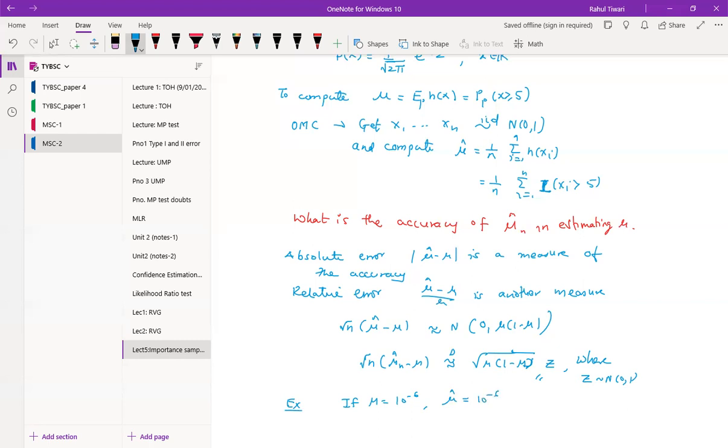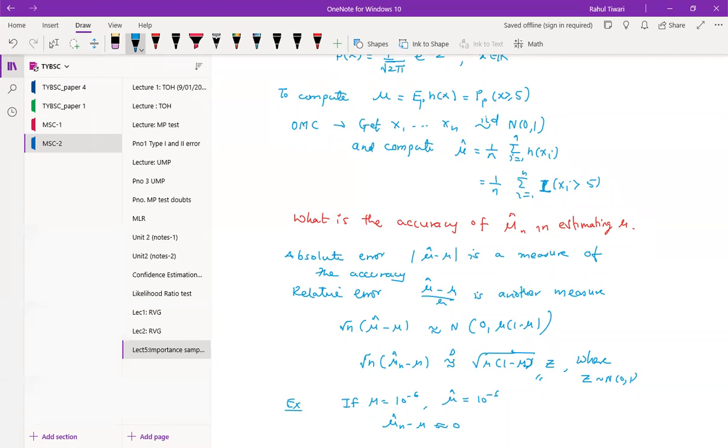Then what would be your mu hat minus mu? That means your absolute error, mu hat minus mu, gives us an approximate answer of 0, right?